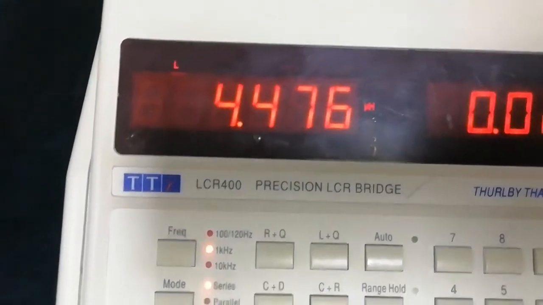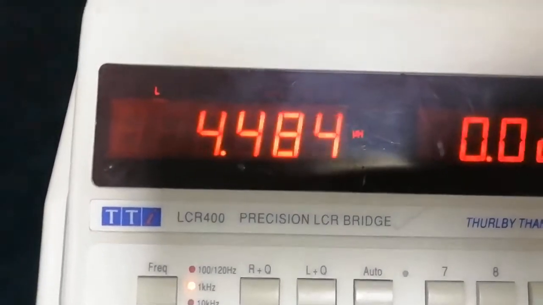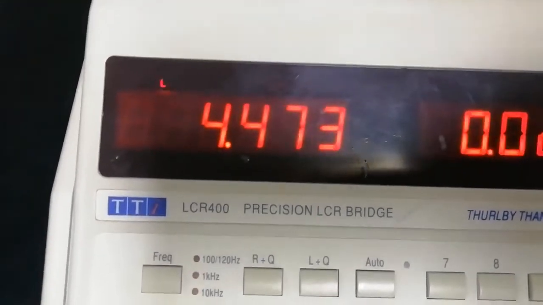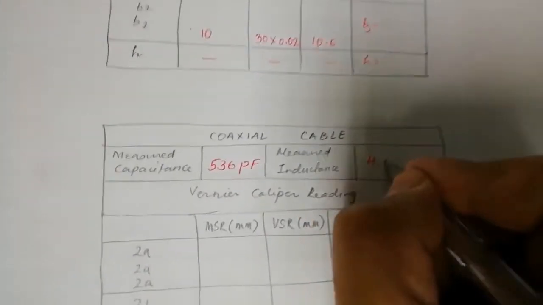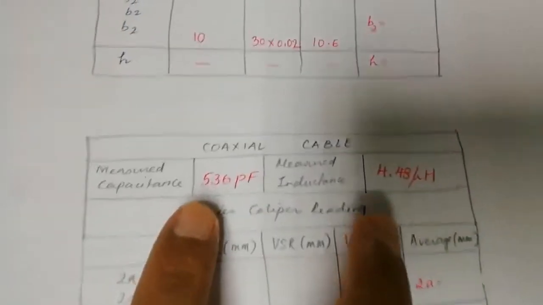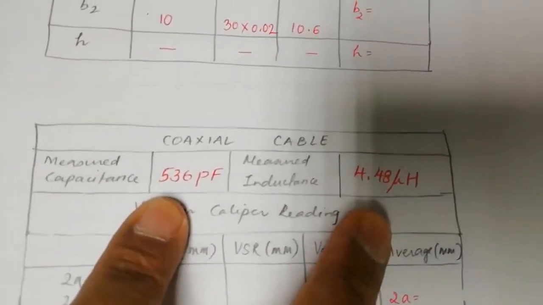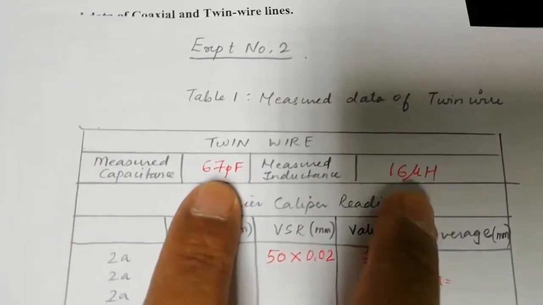So this is the inductance. It is around 4.48 microhenry. So let us write it down here. So it is 4.48 microhenry. So this is the measured capacitance and inductance value of the coaxial cable, and this is the measured capacitance and inductance of the twin wire.